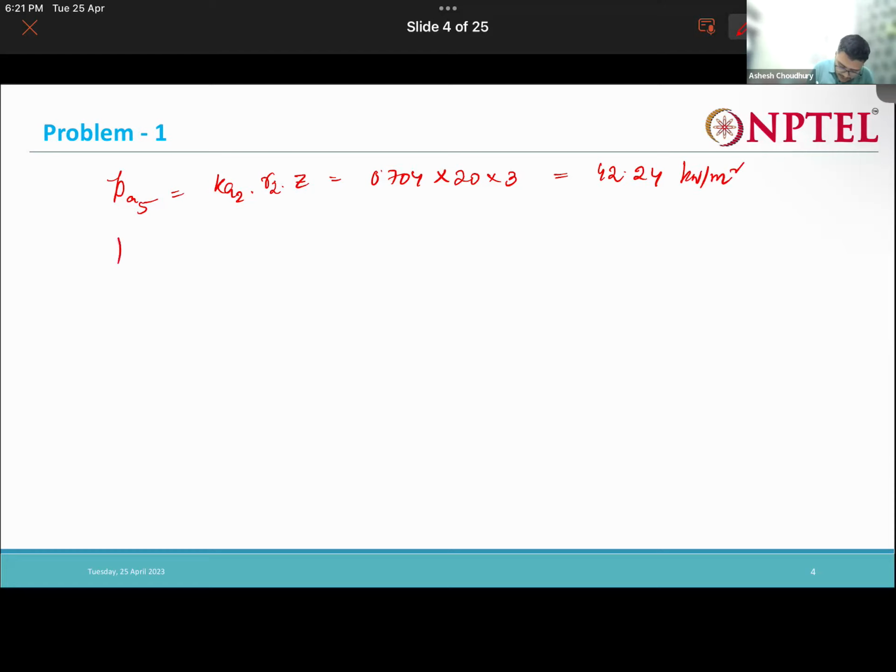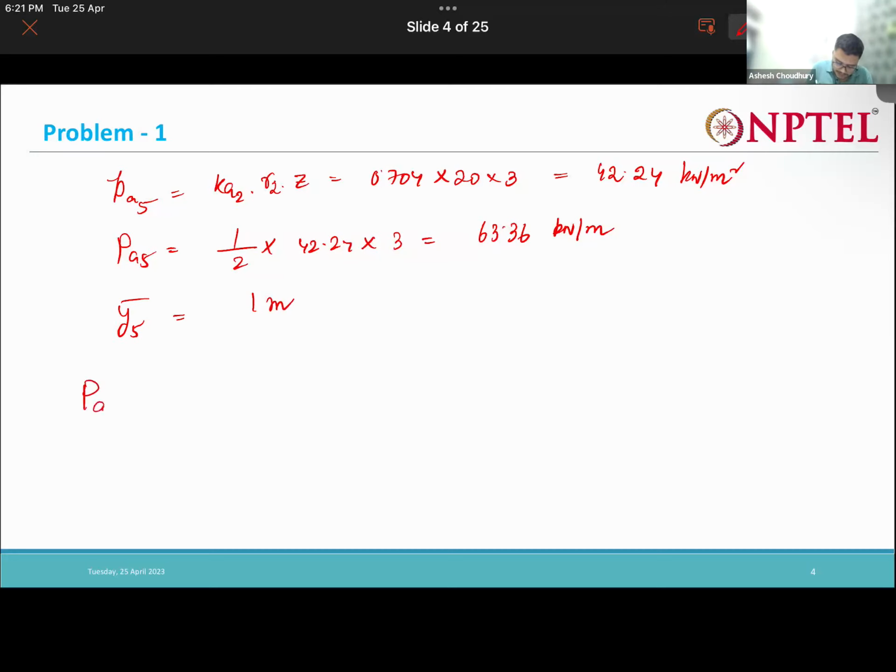So capital PA5 is nothing but area, half into 42.24 into the height 3, which is 63.36. Okay, so we got PA5 and it's acting at 3 by 3, that is 1 meter from the base, right?